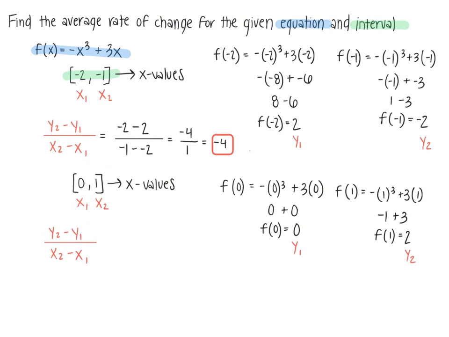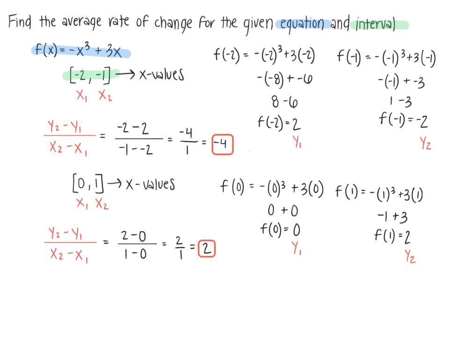Here I get 2 minus 0 divided by 1 minus 0, which is simply just 2 over 1. Final answer is 2.